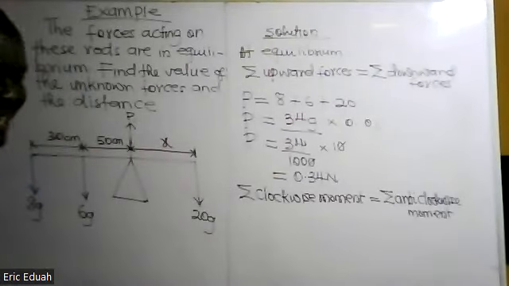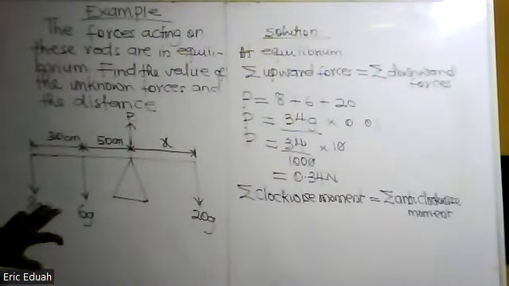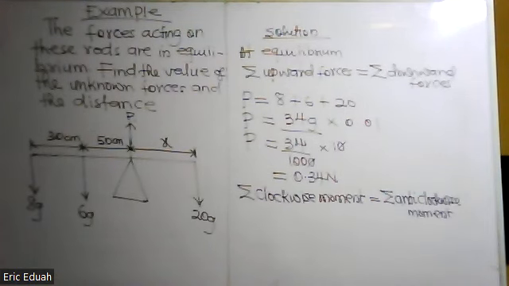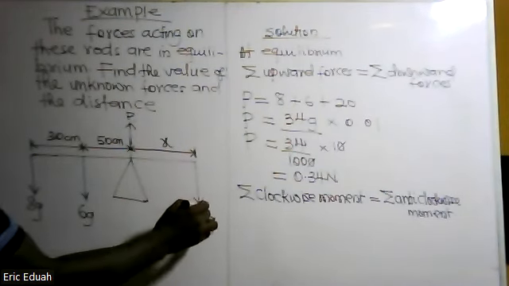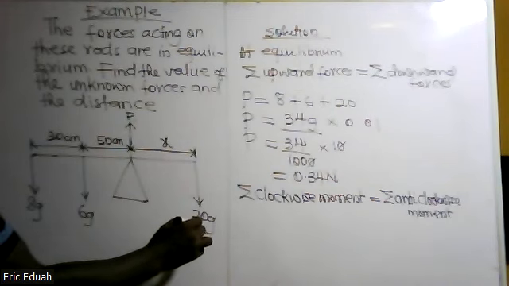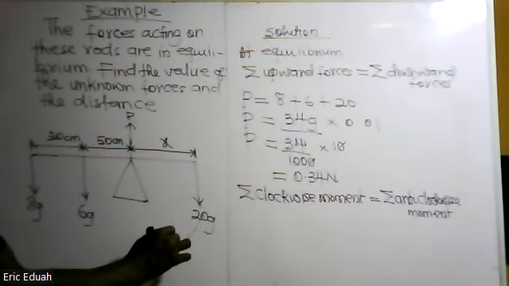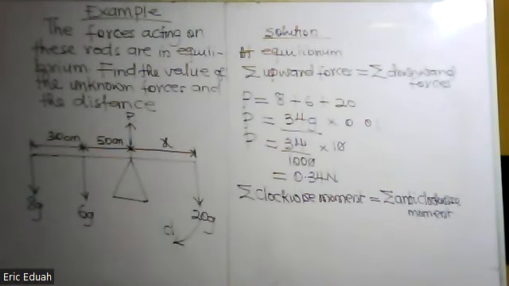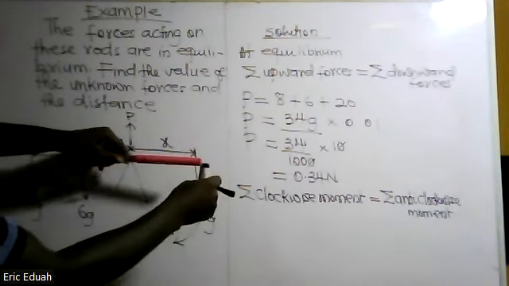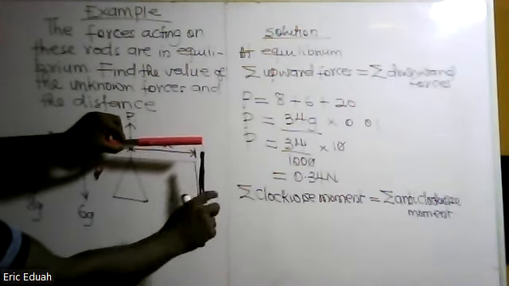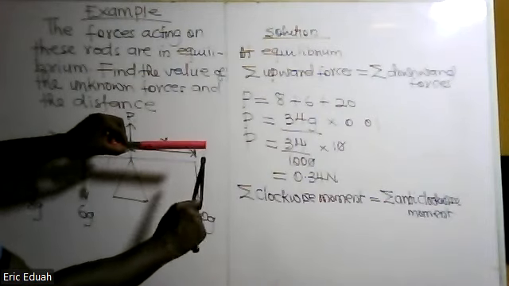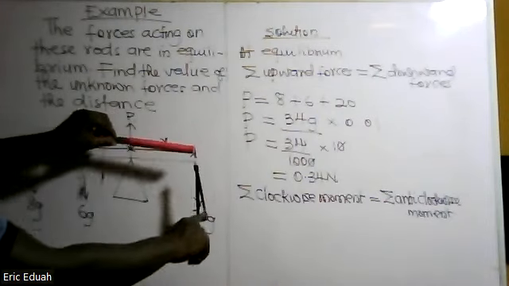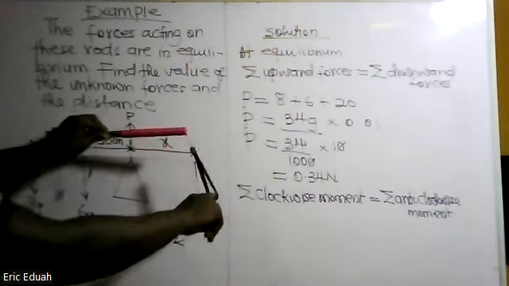So here, let's identify which turning effects would give us clockwise and which turning effect will give us anti-clockwise. If we look at the 20-gram mass, it will turn this way. So this is clockwise, meaning if I should hold this and then pull the thread to the direction of the weight, it will turn in the direction of the clock.